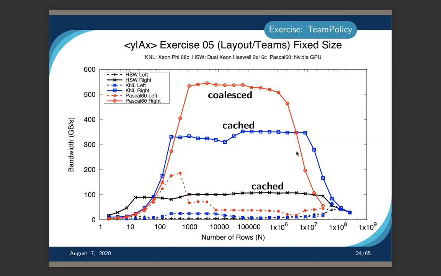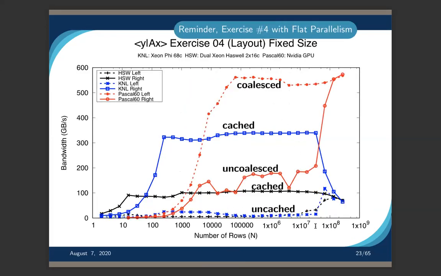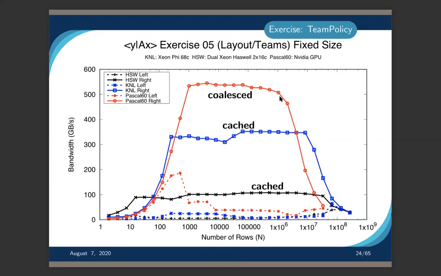Another thing that changes is that we now lose performance on very high row counts. Very high row counts, in this setup where I fixed the total number of elements, means that each row is very short. And so what we are doing here is parallelizing a very short dot product with a team, and that team might have like 128 threads or so. So at this point, not every thread actually does any work.